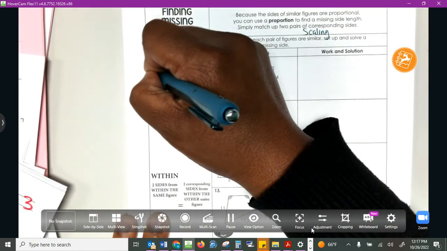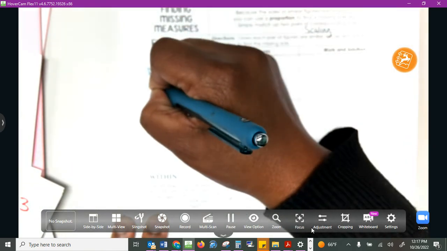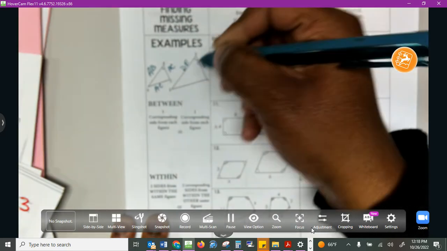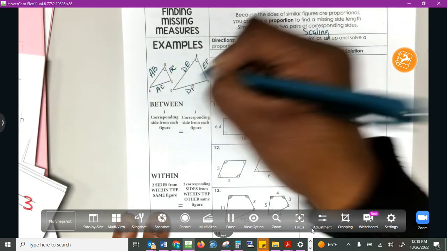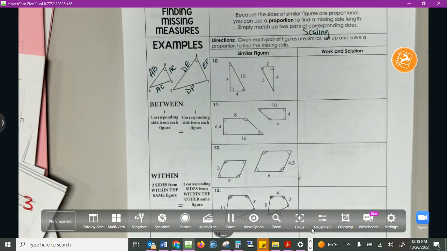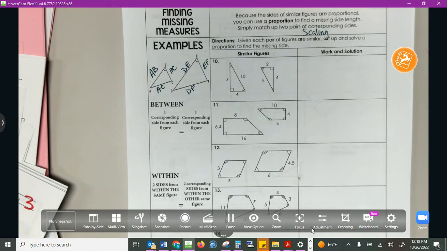So here, this is our AB, BC, AC, DE, EF, DF. So those are the sides of our two triangles there. So I'm going to use my highlighter first, and we're going to identify what's corresponding.